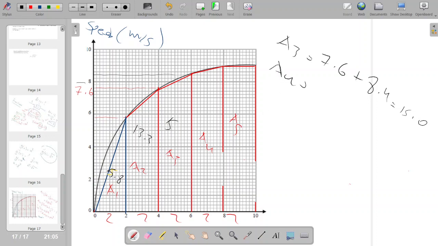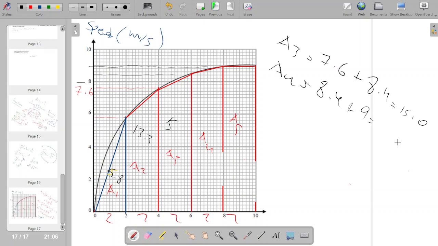Area 4 is going to be equal to 8.4 plus, we will see, this is going to be close to this one. It's going to be close to 9.